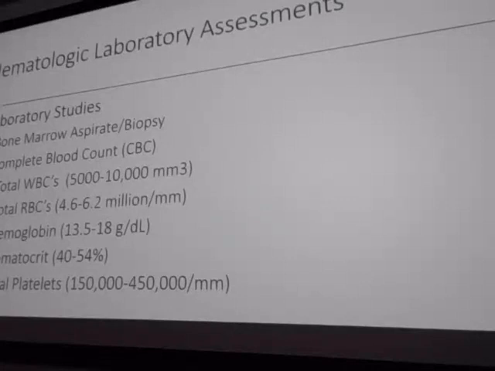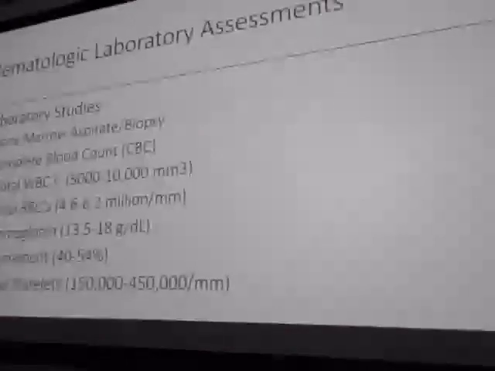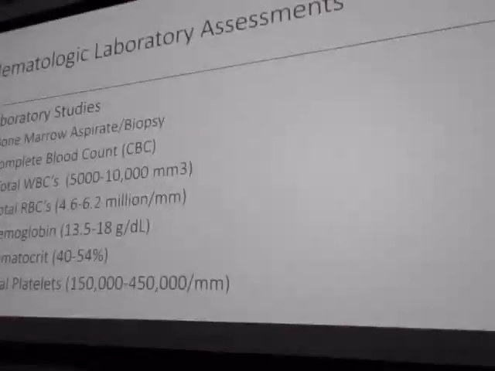So when you're doing a complete blood cell count and you're getting your red blood cells, there's a lot of things that can cause them to have less than normal amounts of red blood cells. And if we go back to slide number 5, you're going to see that the normal range for red blood cells is 4.6 to 6.2 million per millimeter of blood.